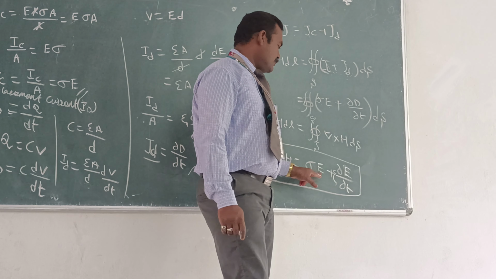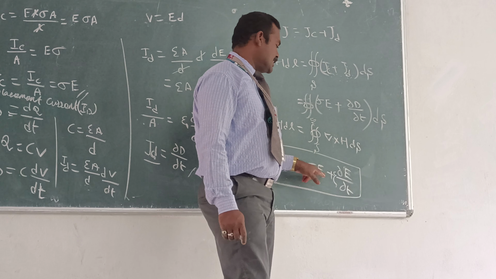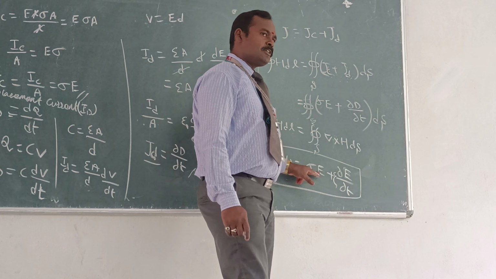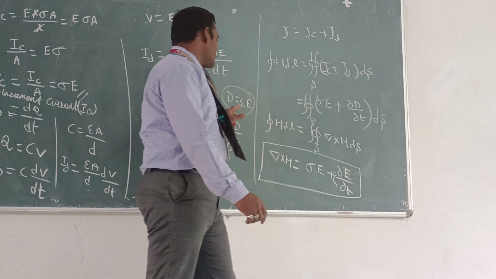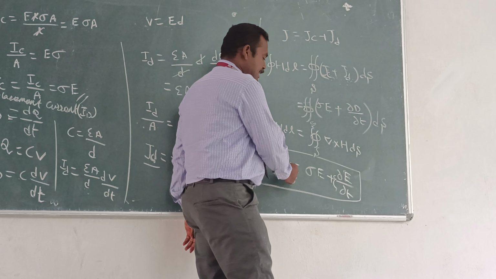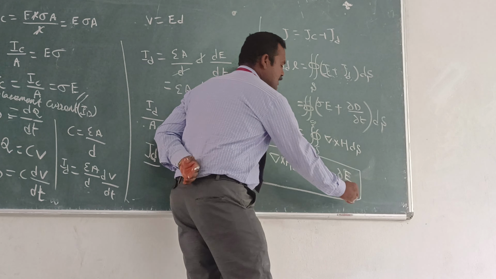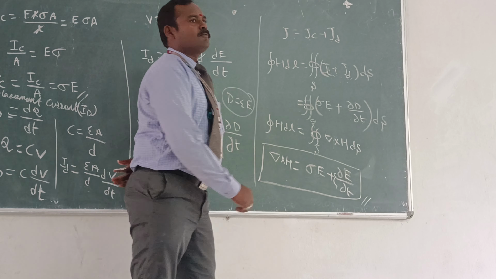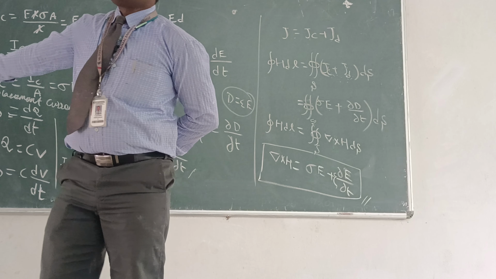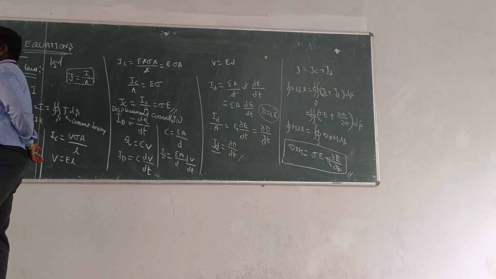Suppose both are written in terms of electric flux density D, you know the relationship, and you can convert and write accordingly. So del cross H is equal to sigma times E plus epsilon times dou E by dou t. That was the expression for the Maxwell's equation from Ampere's law.